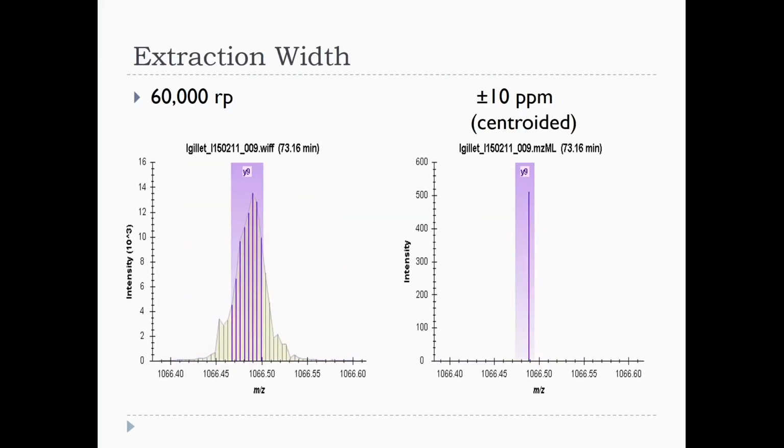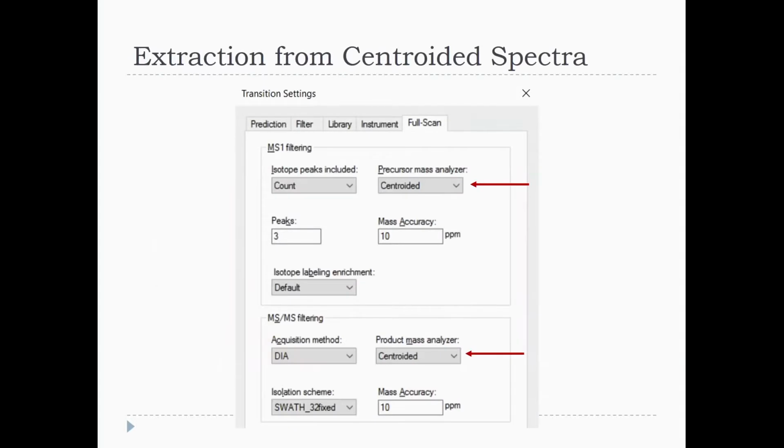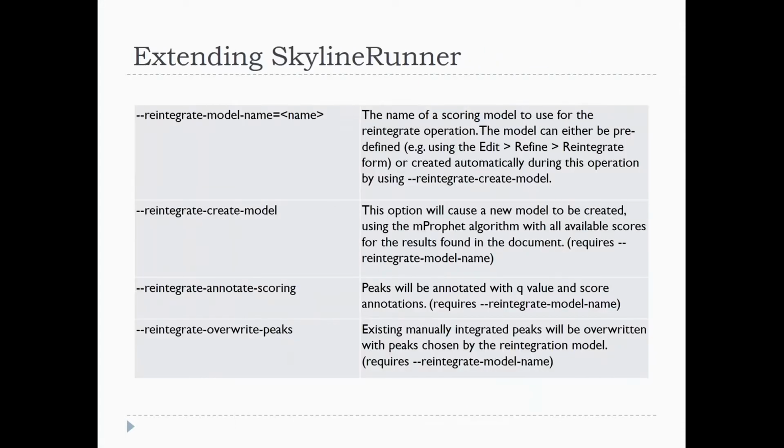I got up to 60,000 resolving power, then we started doing centroided data, at plus or minus 10 ppm centroiding, and that's what those look like. Because that turned out to be quite useful, we built the ability to do centroided extraction into Skyline, so you'll get to use this. The mass analyzers used to all be real mass analyzers, and then we added centroid and allow you to specify ppm.